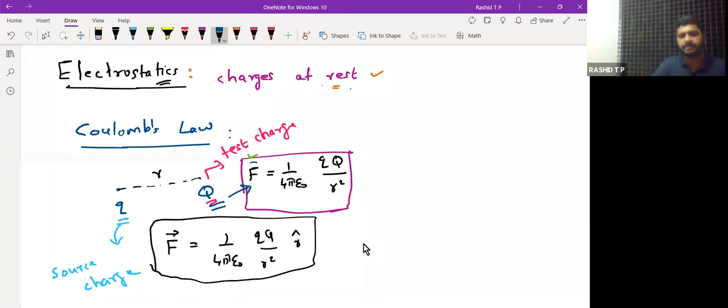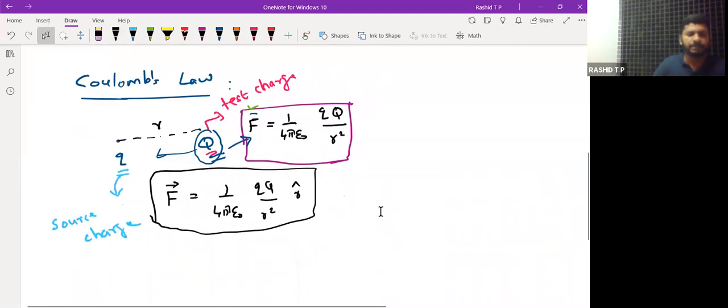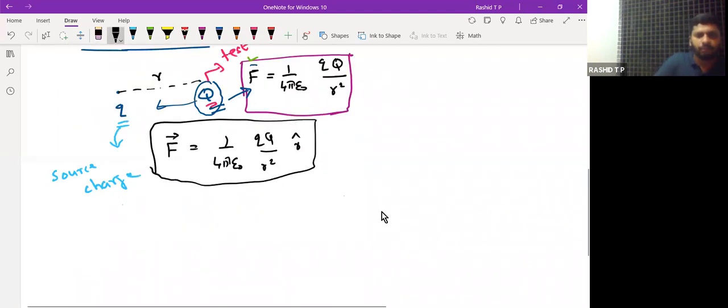That is why we observe where this charge moves when it is kept near charge q. If both charges are positive, the force will be repulsive. I will come to that. The Coulomb force may be a repulsive force or an attractive force.